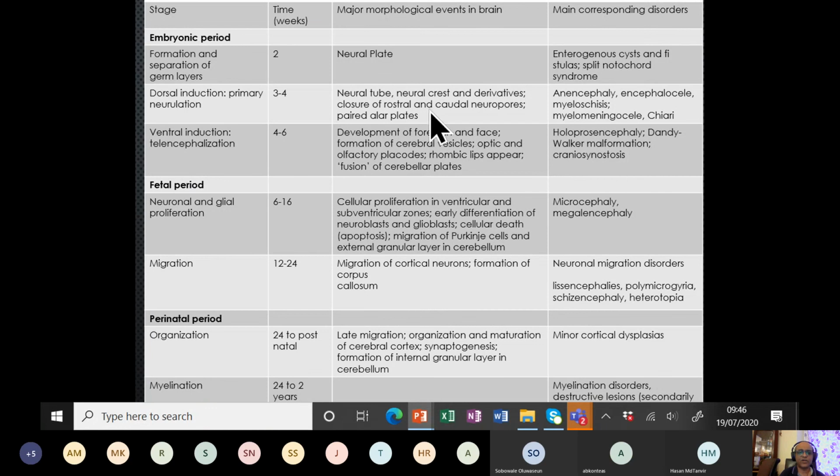Not only have we seen all of these processes happening, what I've tried to show you is what happens when some of these processes do not occur in the normal fashion, giving rise to various anomalies like the endogenous cysts that we saw, like the patients with anencephaly and myelomeningocele. We have seen the patients with neuronal migrational disorders with polymicrogyria and heterotopias.